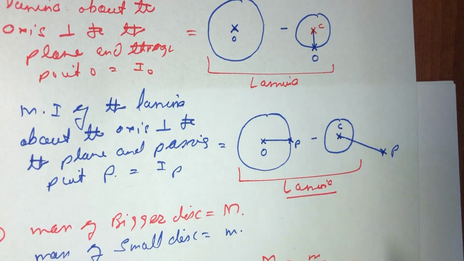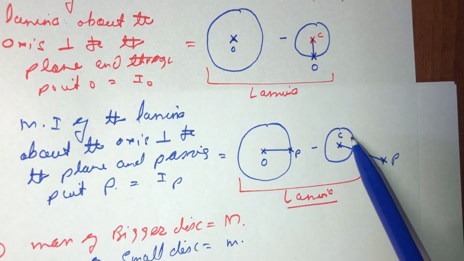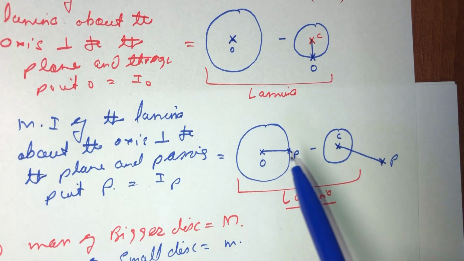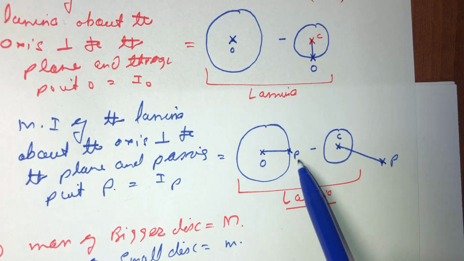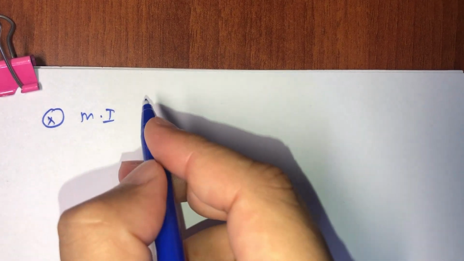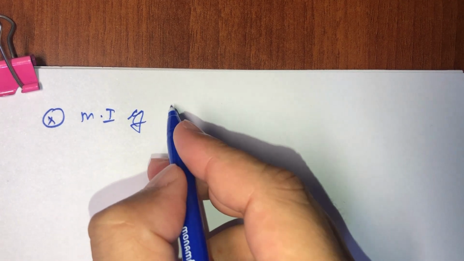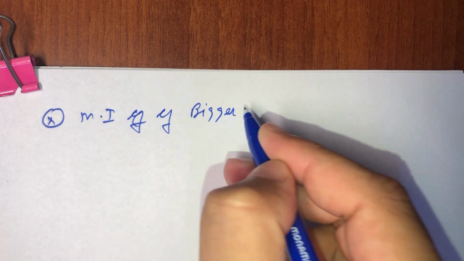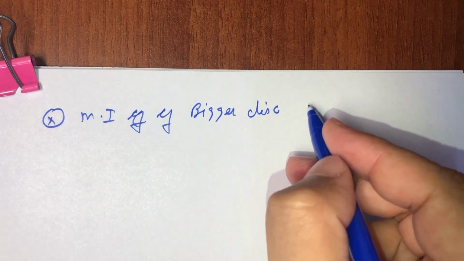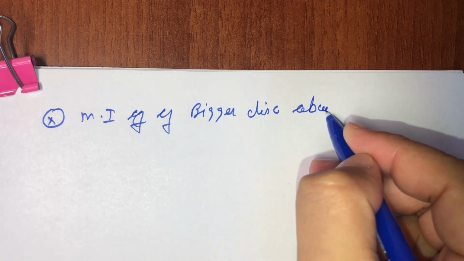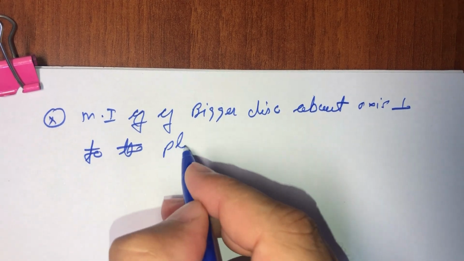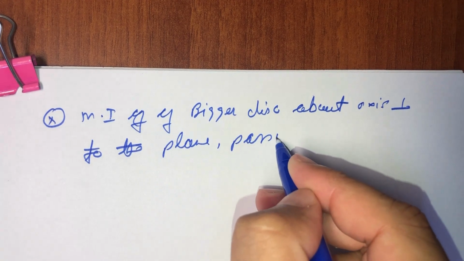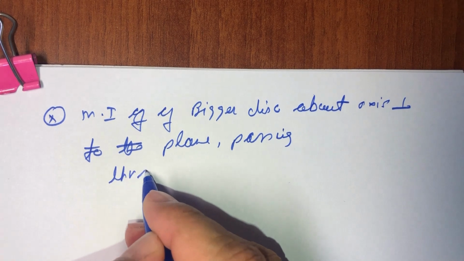IP is the moment of inertia of the bigger disk about point P minus the moment of inertia of the smaller disk also about point P. We already know the moment of inertia of the bigger disk about point O. So we are going to use the theorem of parallel axis and find it with respect to point P. So we can write this as the moment of inertia of the bigger disk about the axis perpendicular to the plane passing through point P.